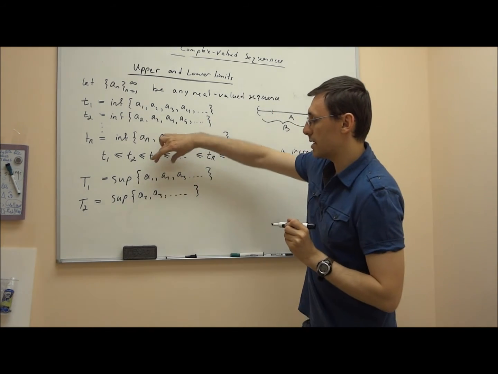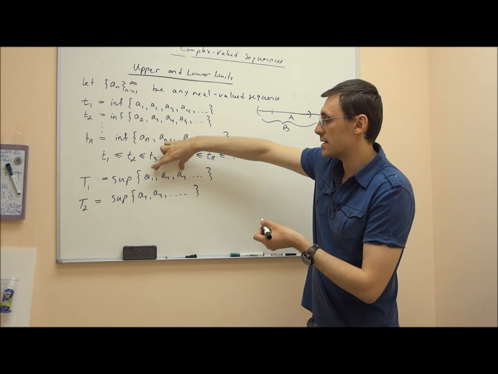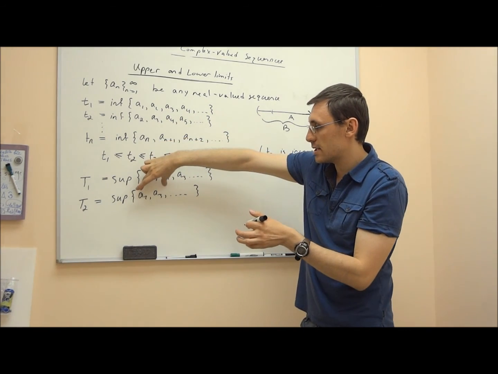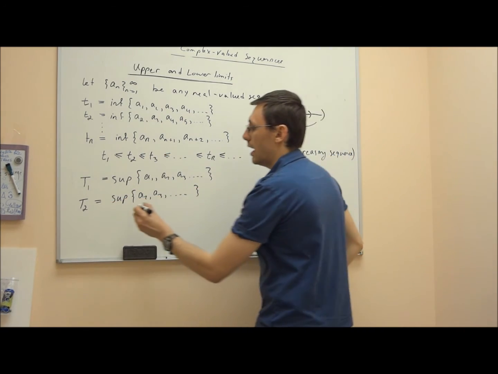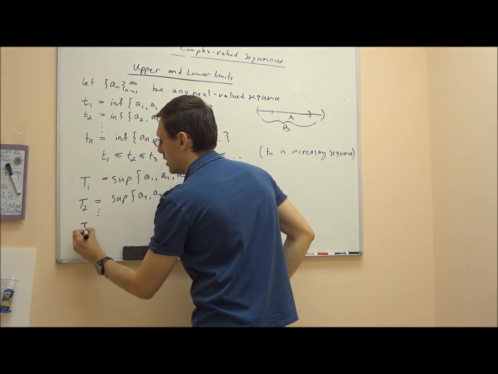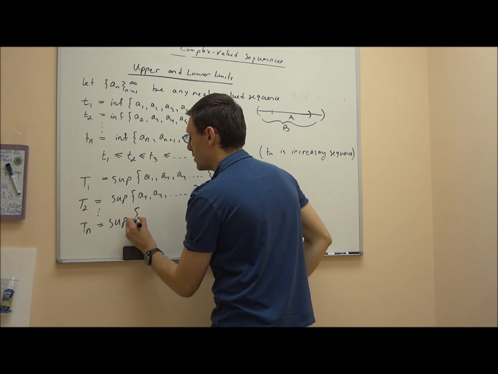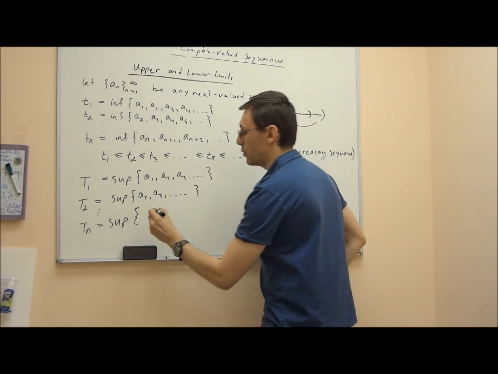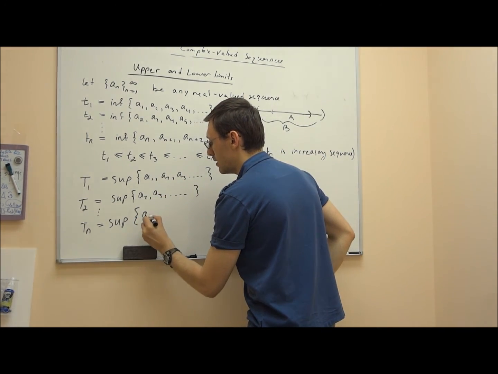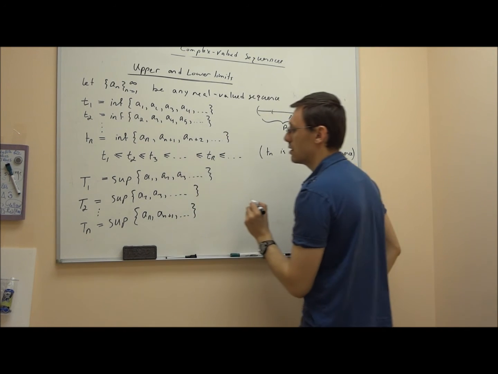Again, what's happening is that we take this larger set and compute the supremum, and then we take the same set, remove the first term of the sequence, and we have a potentially smaller set for which we also compute the supremum. And continuing in this fashion, capital Tn is going to be the supremum of the truncated sequence where the first n-1 terms were removed. So it should be starting with a(n+1) and goes onwards.